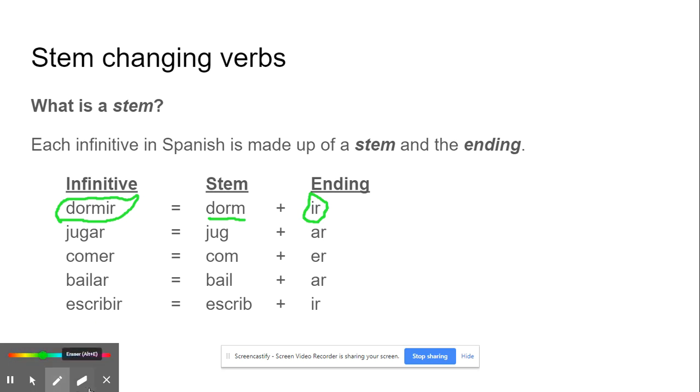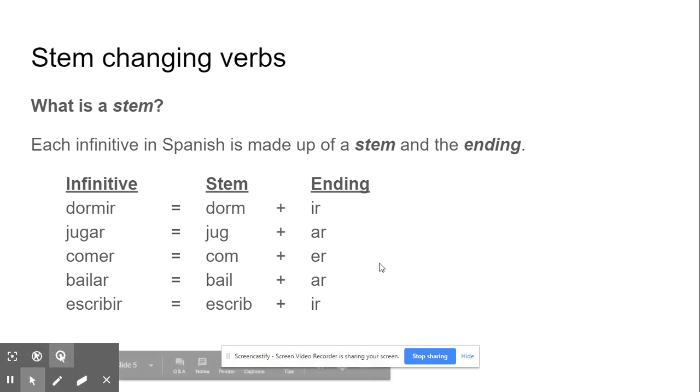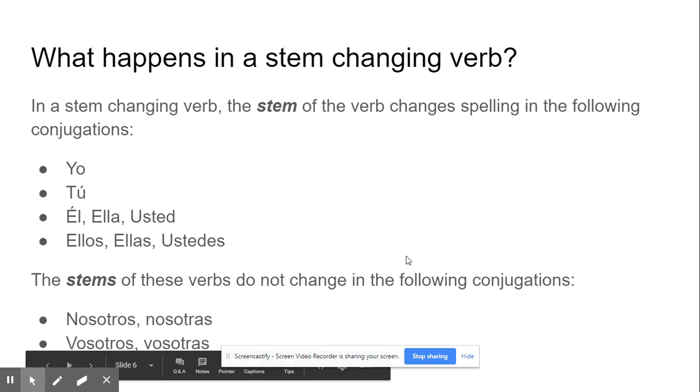So now that we understand what a stem is, we need to see how these stems change. As you can probably guess, in a stem changing verb, something about the stem is going to change. So let's look at that. Here we go. What happens in a stem changing verb?